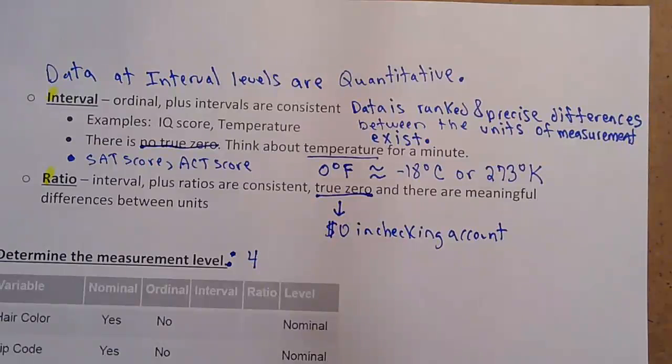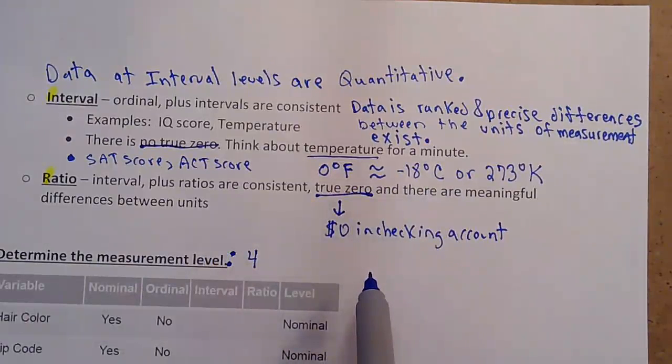If you're in the red, with negative values, that means that you actually owe the institution money. So this would be an example of a true zero. $0 in a checking account would mean just that you have no money in the account at that time. Whereas 0 degrees Fahrenheit means this. So no true zero exists.